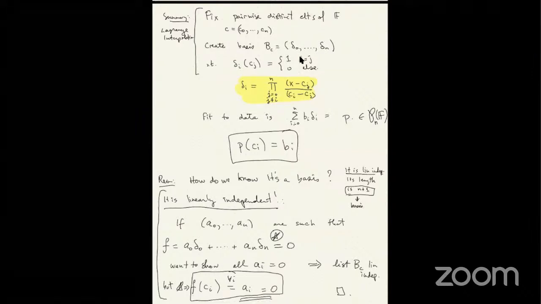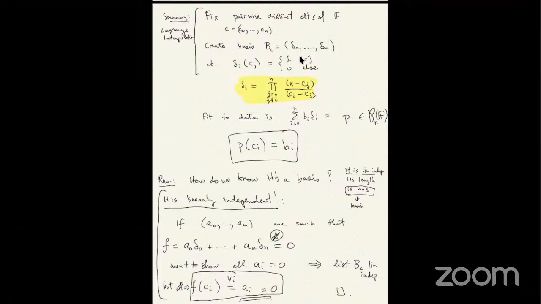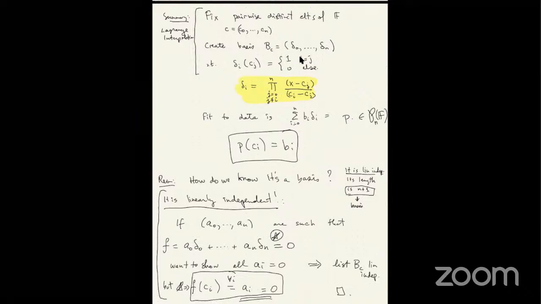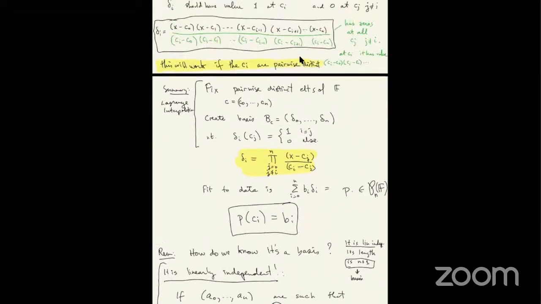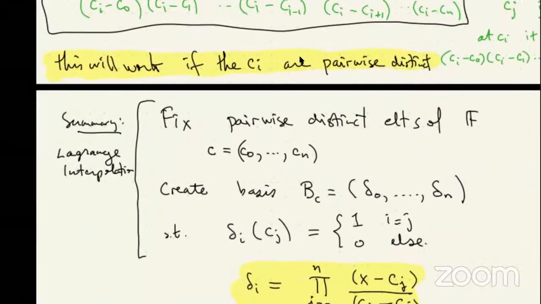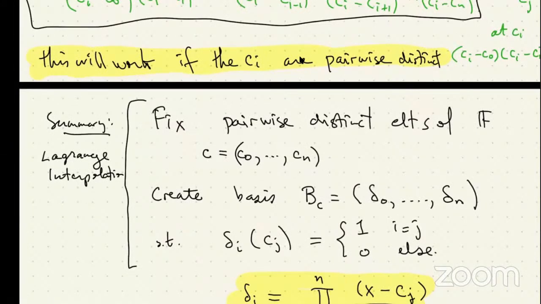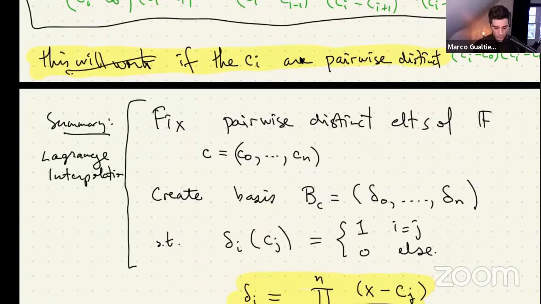Yeah, I have a question. So we write delta i equals the product of something, but what if ci is equal to cj in some situation? How could we deal with this situation? So I said that this will work if the ci's are pairwise distinct.